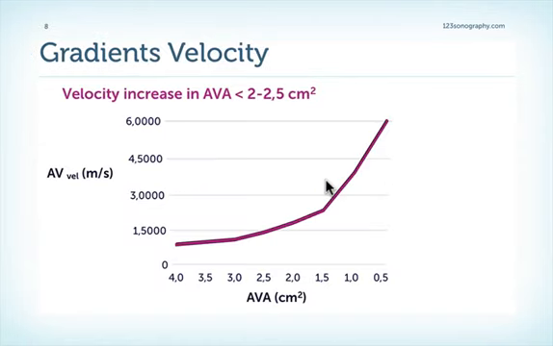In Doppler, we are measuring the aortic valve velocity, and there is a rapid increase in aortic velocity once the aortic valve area gets below 2 to 2.5 square centimeters, and we can see an exponential increase as the valve gets smaller.